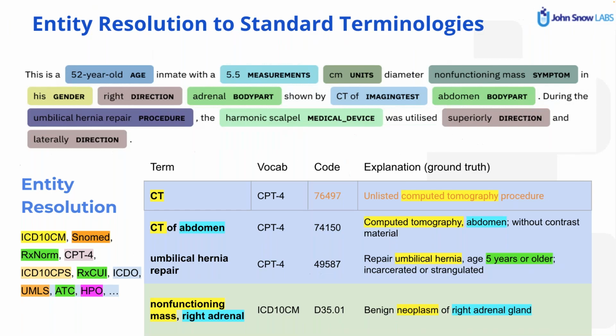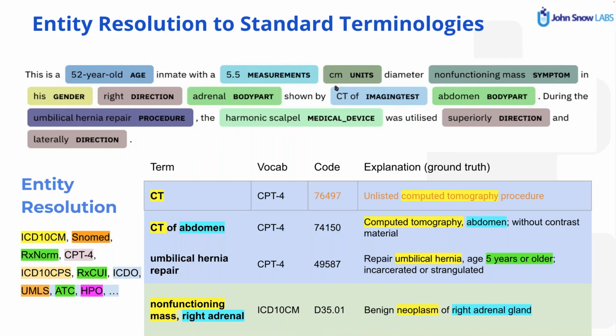So for entity resolution, let's assume that you have a clinical text like this one, and you run your NER models in your pipeline on this text. You're interested in the procedures, and you would like to map the procedure entities to their CPT4 codes.